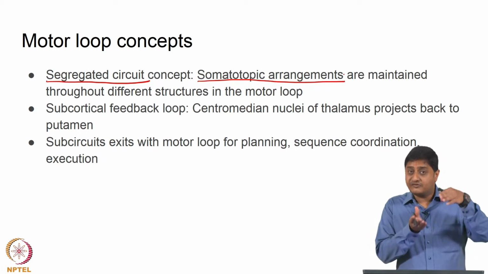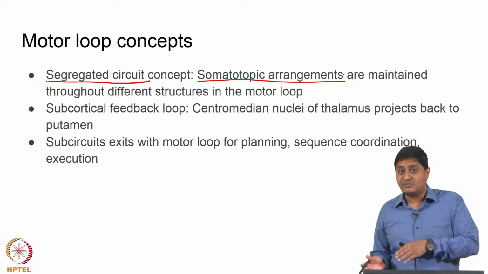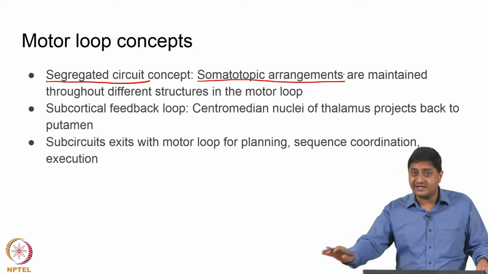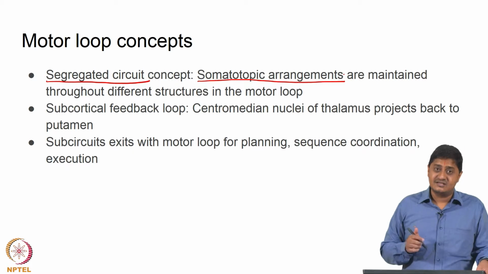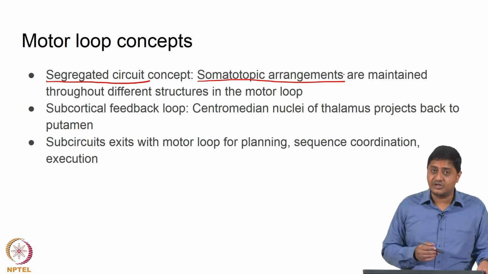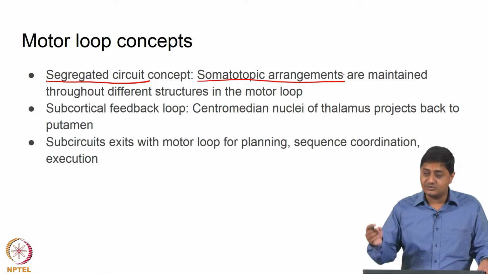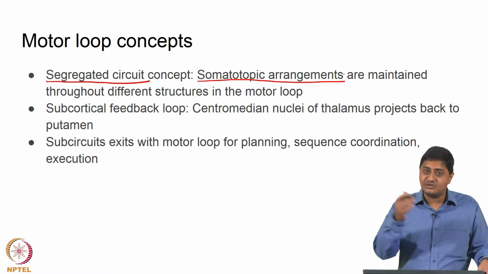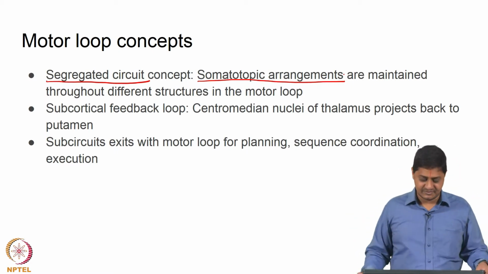In other words, motor function is separately maintained from executive function, which is separately maintained from limbic function, etc. Within the motor loop, different areas of the frontal cortex and motor cortex project to different areas in the striatum, and the connections from the striatum to the pallidum, from the pallidum to the thalamus, and from the thalamus back to the cortex are maintained separately throughout. There is no mixing of this.